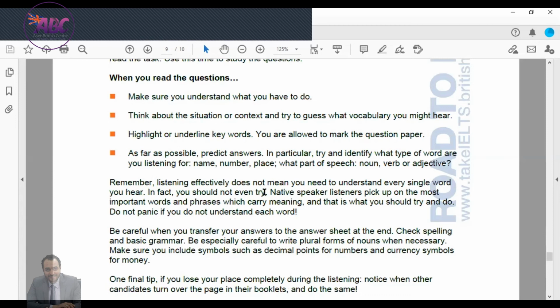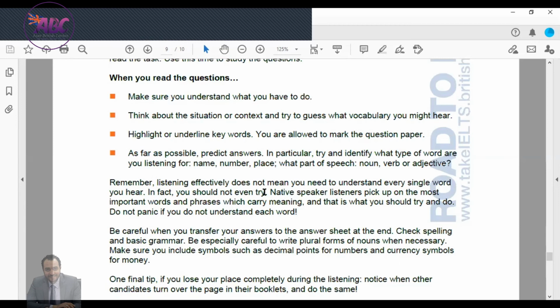So walk on, continue with the audio, even if you missed a point or two. And during the 10 minutes, when we are transferring the answers to the answer sheet, we can refer back to the missing points. Be careful when you transfer your answers and check spelling and also basic grammar.